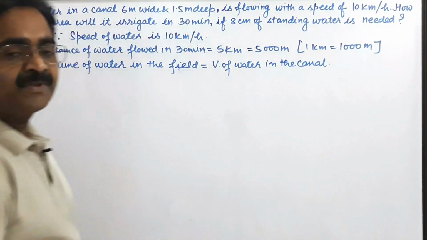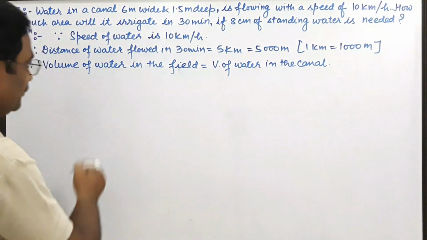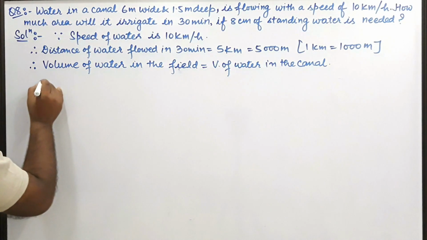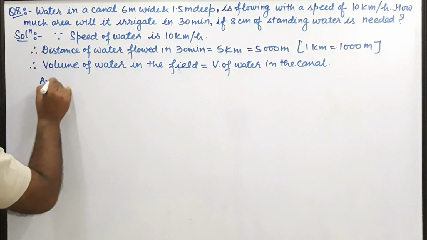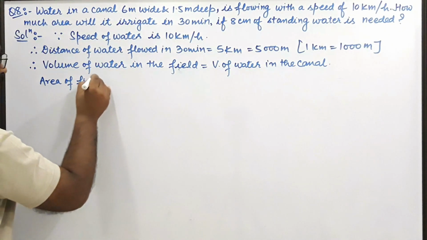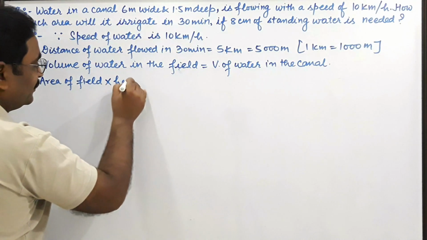Okay friends, so volume of water in the field, it can be written as area of field multiplied by height of the water. Area of field, which we are going to require, which we are going to find, multiplied by height of the water.